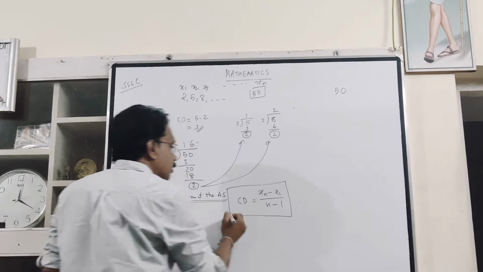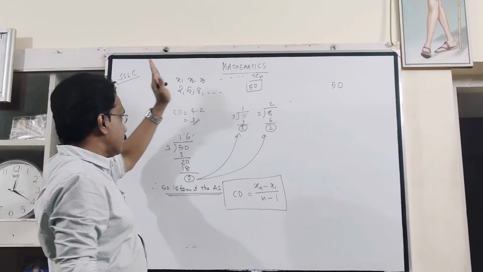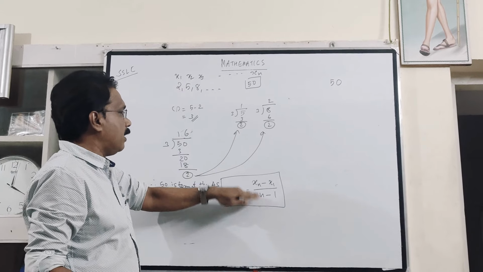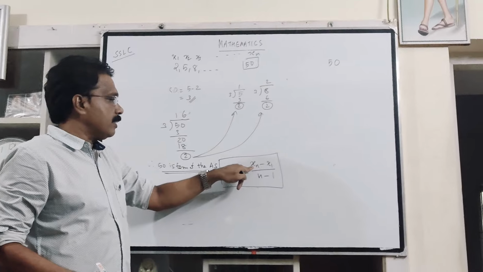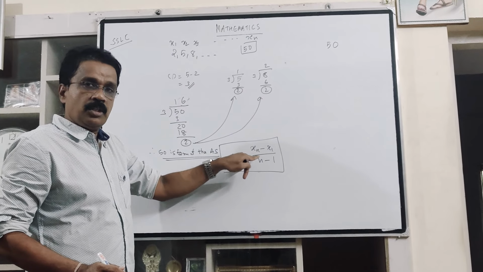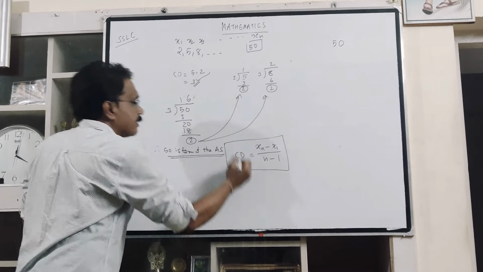Common difference is a particular term minus another term divided by the difference of their positions. We don't know what n is; we are going to find n. Here the common difference is 3.